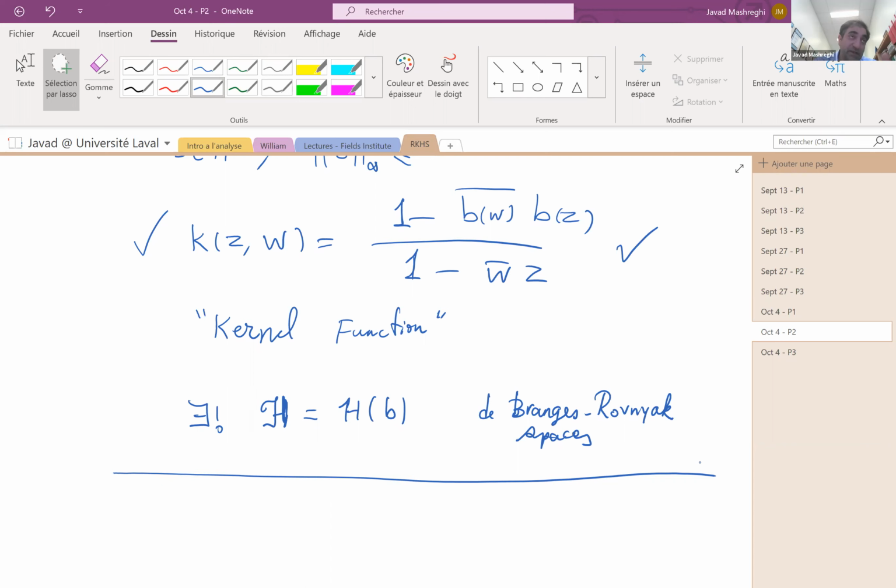Or in group theory, we have some families of groups, and out of them, either by taking the quotient or by Cartesian product or by another operation, we create a new group. Here is the same story. We have some kernels, and by some operations, we will see which operations are legitimate, we create new kernels. And new kernels give us new function spaces, thanks to the theorem. This is not proved yet. We will do it probably next week.